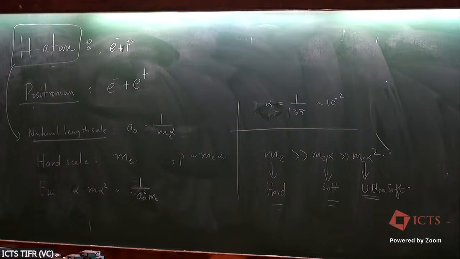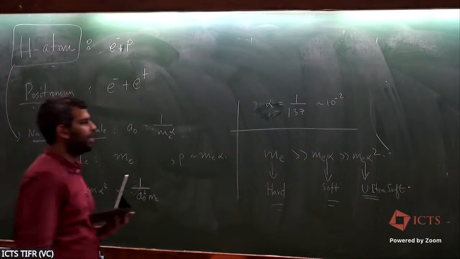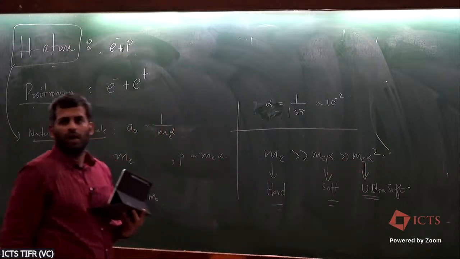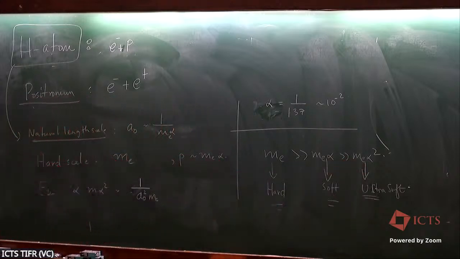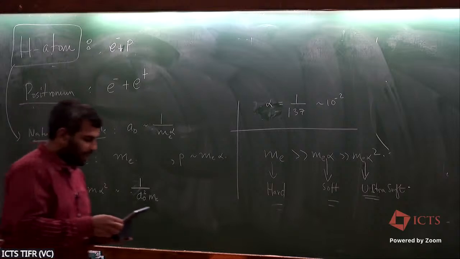And I have to systematically construct EFTs starting from QED such that I am able to describe my hydrogen atom at the lowest energy scale, me alpha square. Okay, this would be my ultimate goal of the final EFT construction, which is called the pNRQED in some ways, which probably Professor Rishi will talk about.